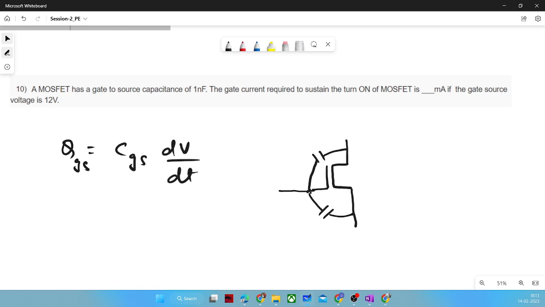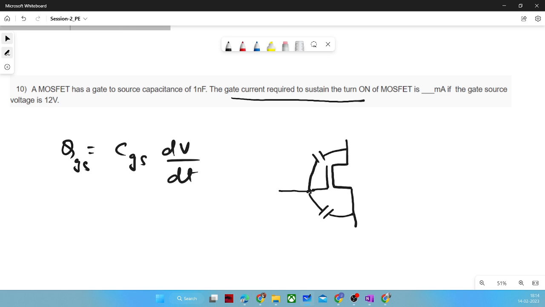For a finite value, you can put dV equal to 12 and dt you can take as the period that it is asking to sustain the turn on. So that much time, either you can refer any data sheet also. You take that time and you will be able to calculate the value of current. So you can easily get the value of charge. After that, you just need to multiply or divide it with capacitance and voltage. So you will get current.